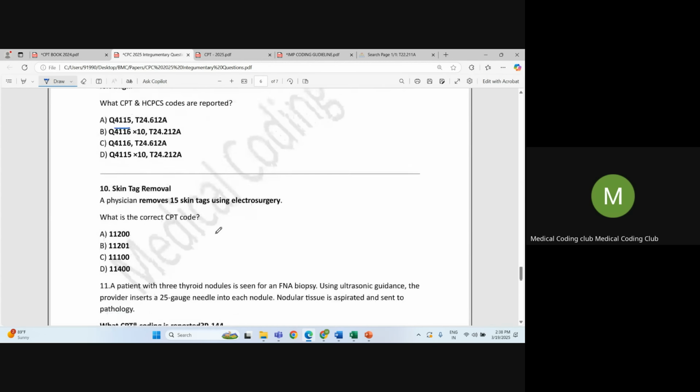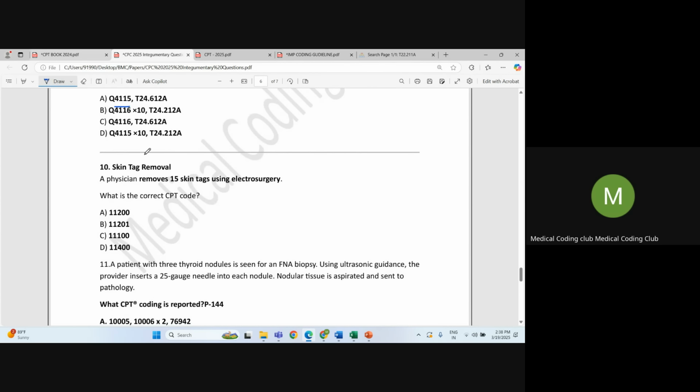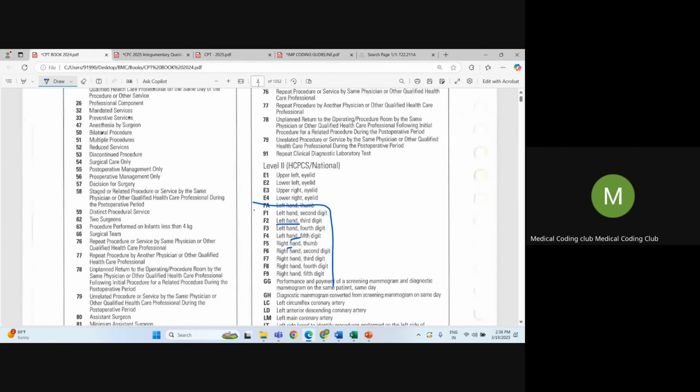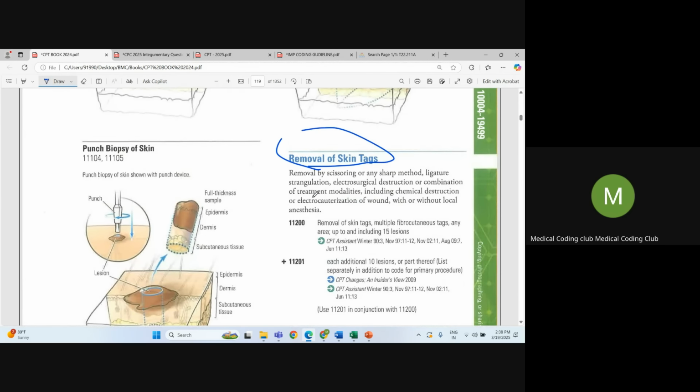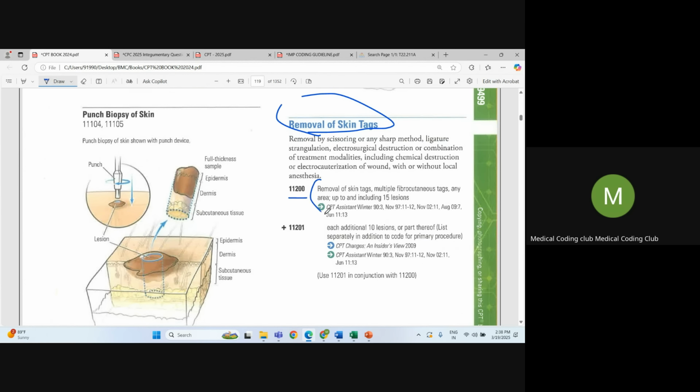Next, skin tag removal. As I said, the physician removes 15 skin tags using electrosurgery. 15 skin tags removed. So what is the code? 11200, removal of skin tags, multiple fibrocutaneous tags in any area, up to and including 15 lesions.